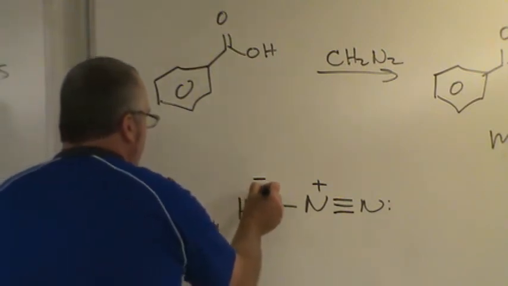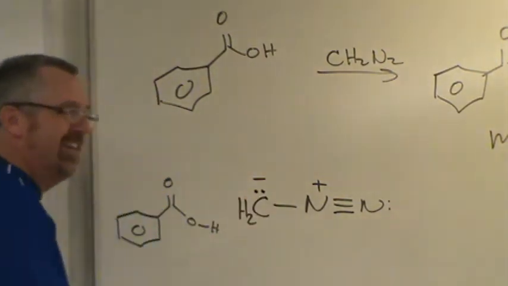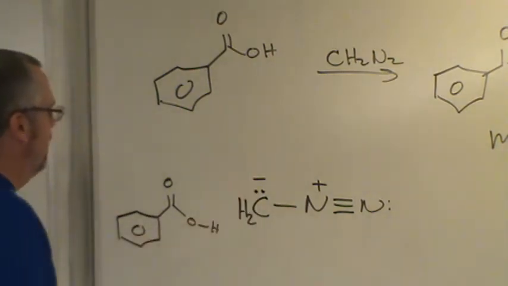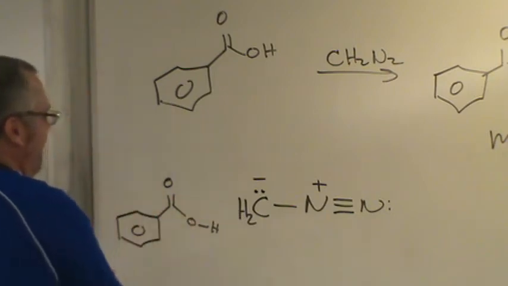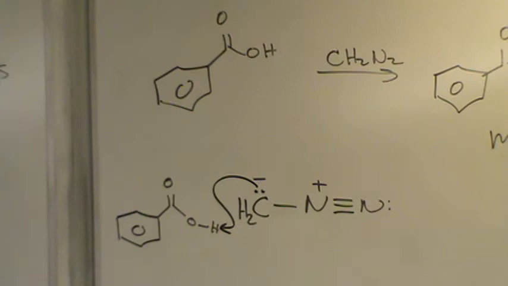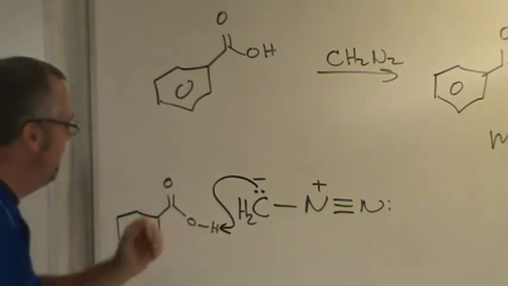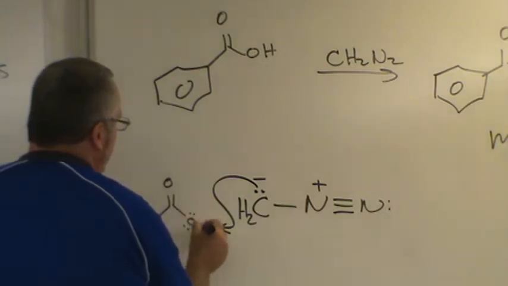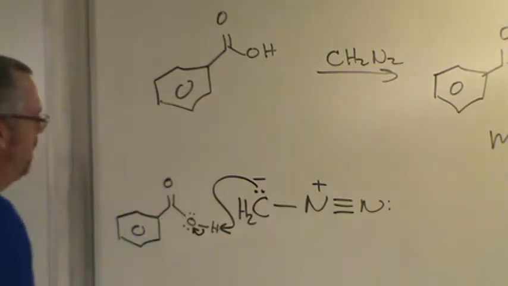So I'm going to treat this carbon as though it were basic. It should be nucleophilic and it should be basic given its structure here. Well, in the presence of an acid like a carboxylic acid, I'm going to treat it as a base, which means I'm going to treat it as a Bronsted base. I'm going to let it come in and pick up an acidic proton from my carboxylic acid. And the arrow formalism for that would look just like this.